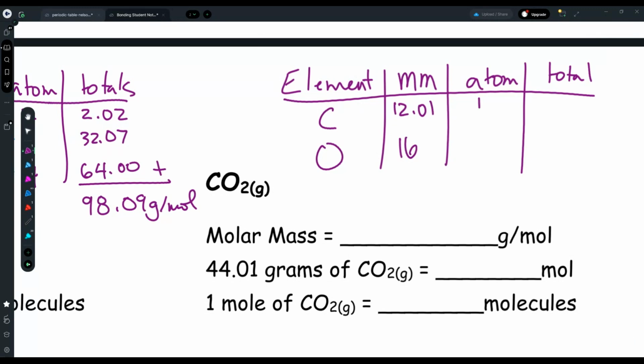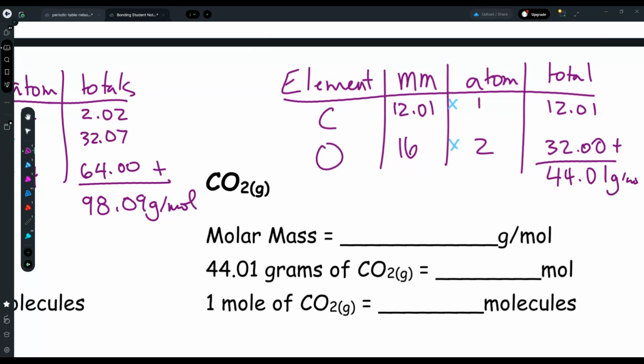We have 1 atom of carbon and 2 atoms of oxygen. So multiplying the molar mass with the amount of atoms. So for carbon, it's just going to be 12.01. And then for oxygen, that's going to be 32.